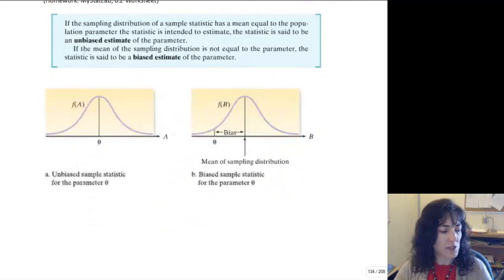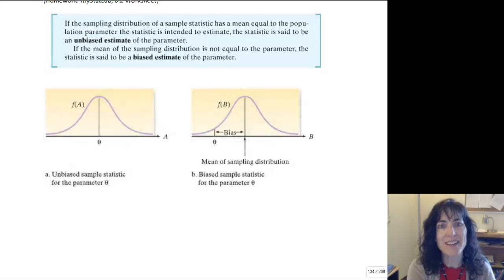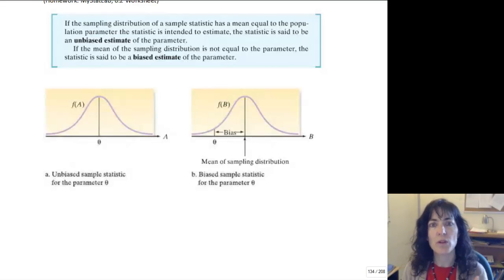All right, now let's talk about the sampling distribution. A statistic will have a sampling distribution, and if the mean of that sampling distribution is equal to the population parameter that the statistic is supposed to estimate, then they actually match up.